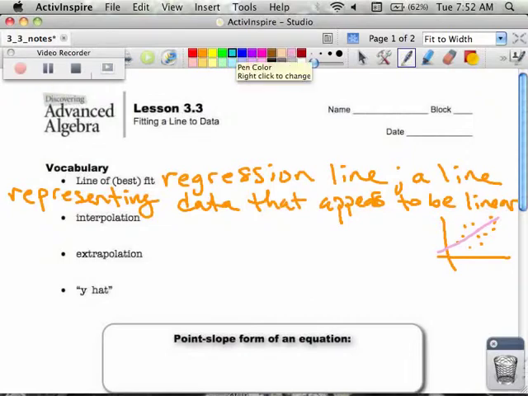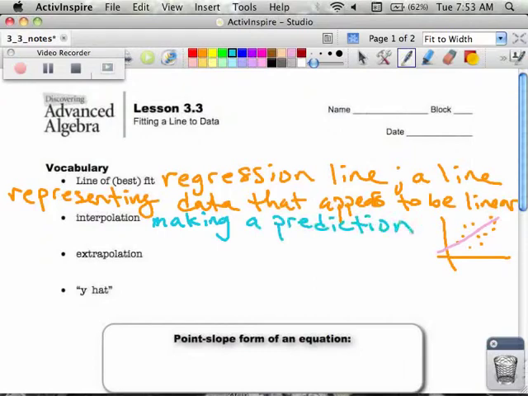Interpolation is making a prediction in between data points.